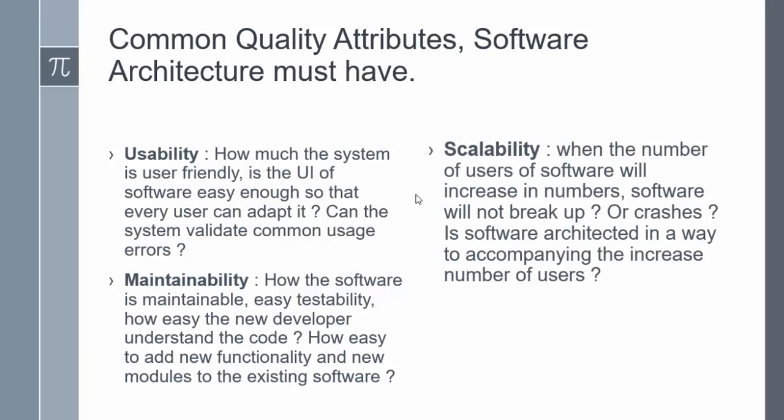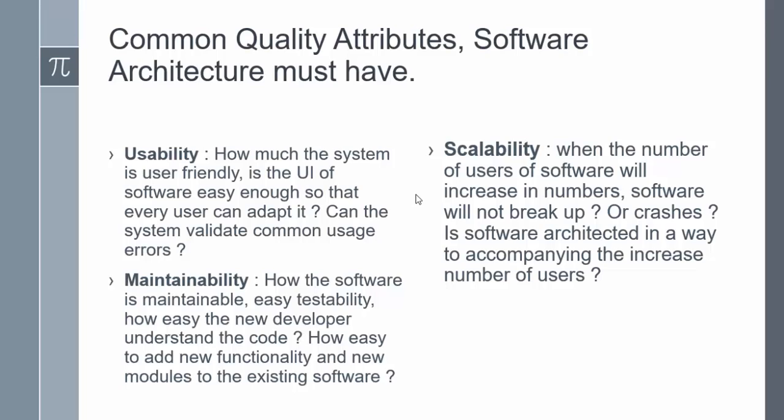Then the third attribute is scalability, which means that whenever the number of users using your software product increases, does your software product have the ability to work at the same performance or the same quality that it was working at before, for 100 users or for 100,000 users?